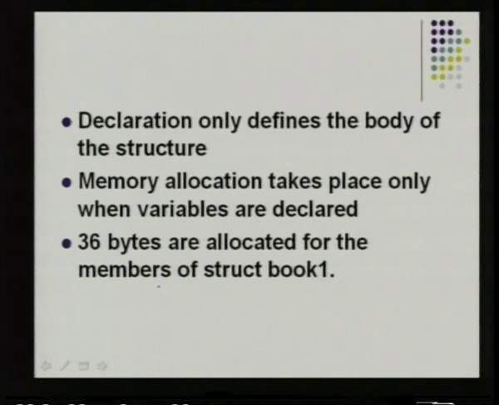So, 32 plus 4, 36 bytes. So, when this variable bk1 is declared, immediately 36 bytes are allocated for this structure by the compiler. That is how the memory allocation is done for the structure. That is why a declaration is required and variable declaration is also required. So, this is how we say that 36 bytes are allocated for the members of struct book 1.